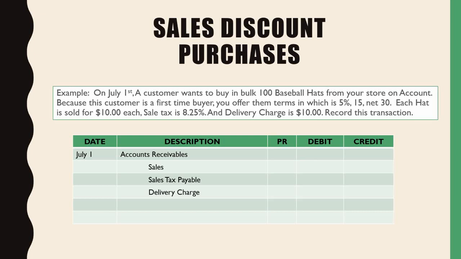Okay? So this is a condition. I'm not going to be discounting them yet because it's a condition that must be met in order for you to apply the discount. So in this case, I'm just going to go ahead and record it as regular.